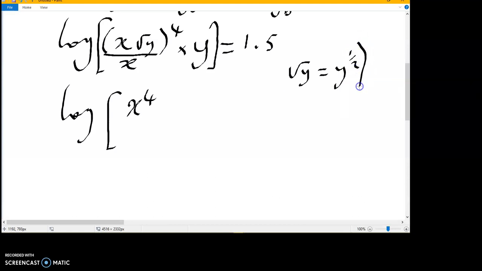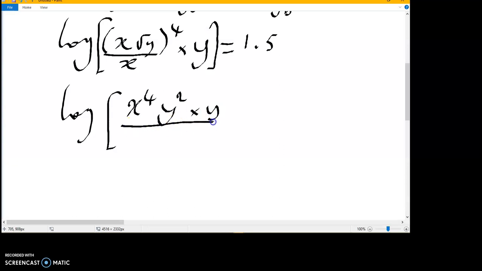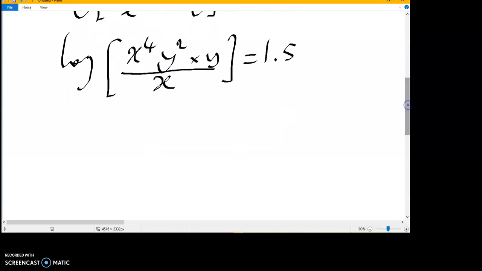Multiplying this with 4, this becomes y to the power 2. Times the y which is here, all over x, is equal to 1.5.